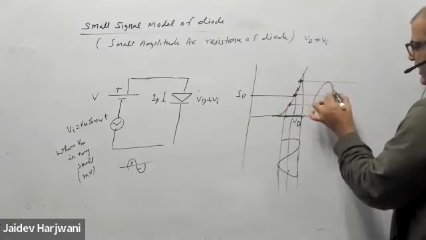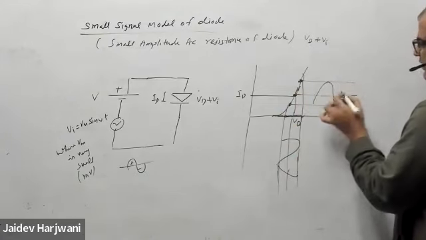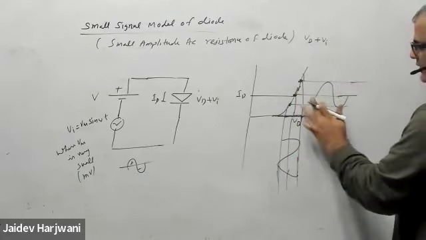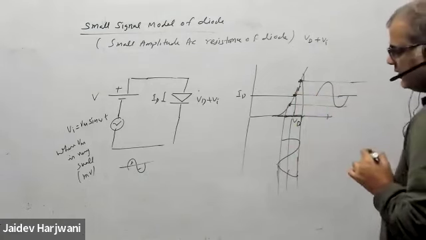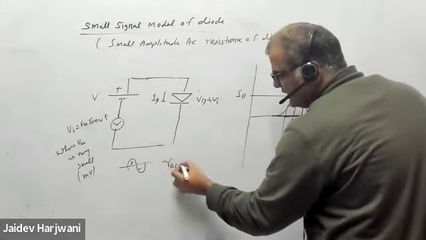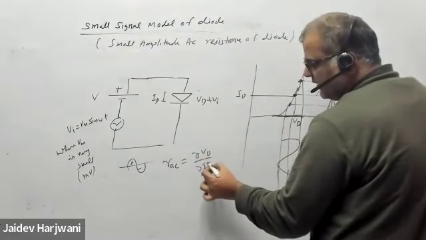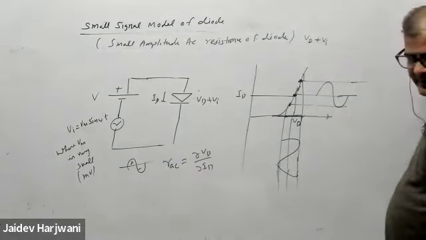Accordingly, what do you get here? A sine amplitude, like this here. So here you can calculate the AC resistance RAC. RAC is basically delta VD upon delta ID.